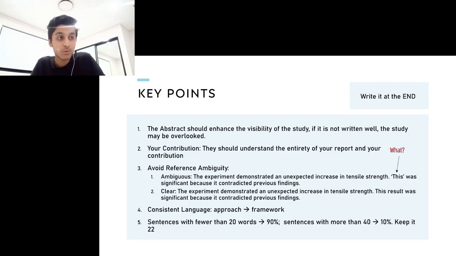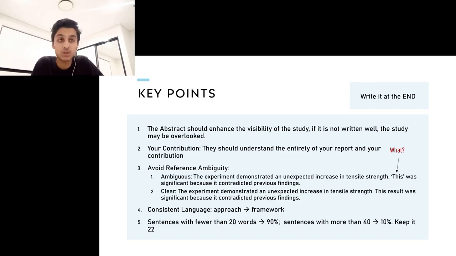And sentences with more than 40 words, long sentences, are only understood by 10% of the audience. An average of 22 words is what's understood in sentences. So don't try to have longer sentences to make up for the lack of space. It doesn't help. Keep shorter sentences. At least that way you can ensure that the reader understands what you're talking about.